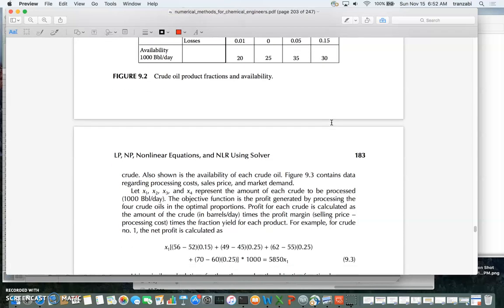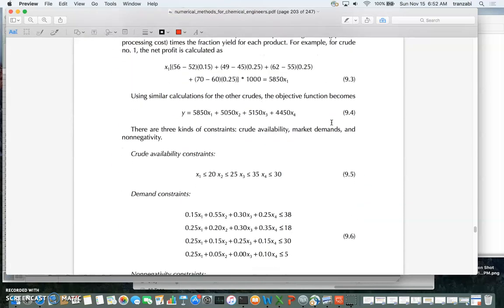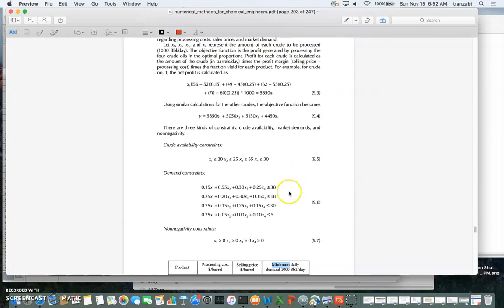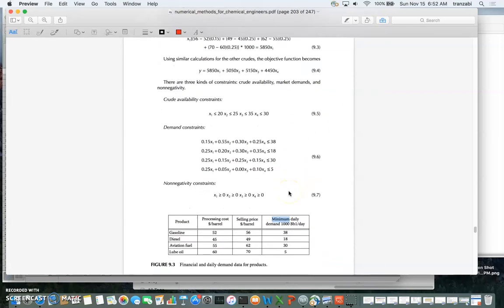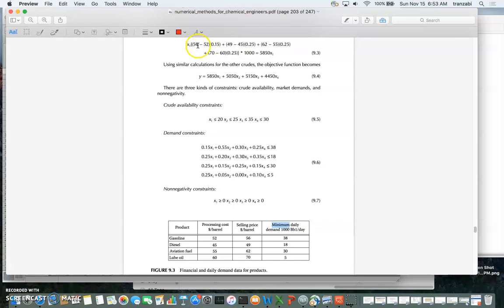And then the cost is going to be, to make this a bit smaller so you can see both of them, if there's x1 barrels of product 1, product 1 has gasoline in it, diesel, aviation fuel, and lube oil. So for gasoline, I gain $56 per barrel and I spend 52. So the difference is the profit. So here's the difference, 56 minus 52 times x1.